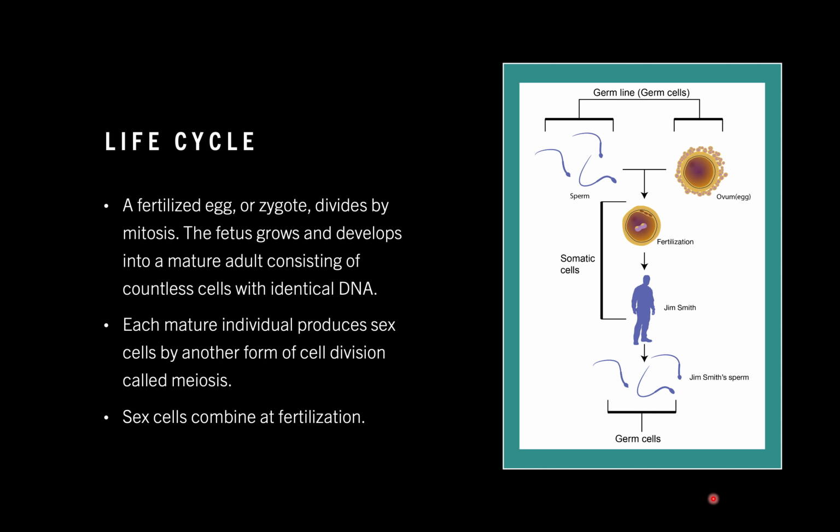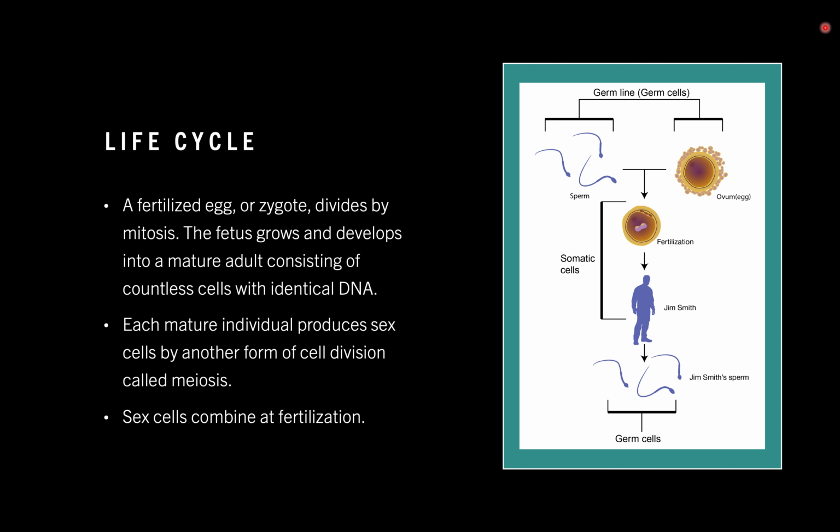Mitosis, once again, is what we use to multiply this cell to become a fetus. But meiosis is what we use for sex cells, which we'll cover later on. Sex cells, once again, which would be germline cells, the sperm and the egg, combine at fertilization.